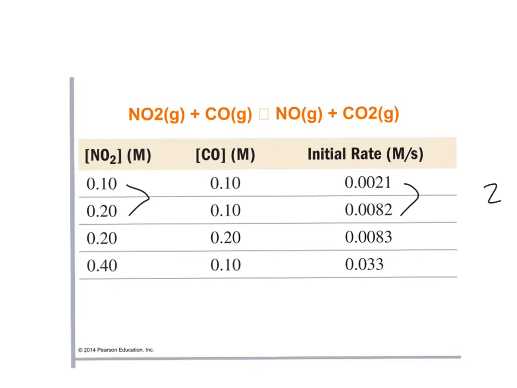If we then keep these two the same and double here, what happens? Nothing, so this is actually 0. We can look at that again when we double here, and what happens? We go up by a factor of 2, and then this has a contribution of 0.